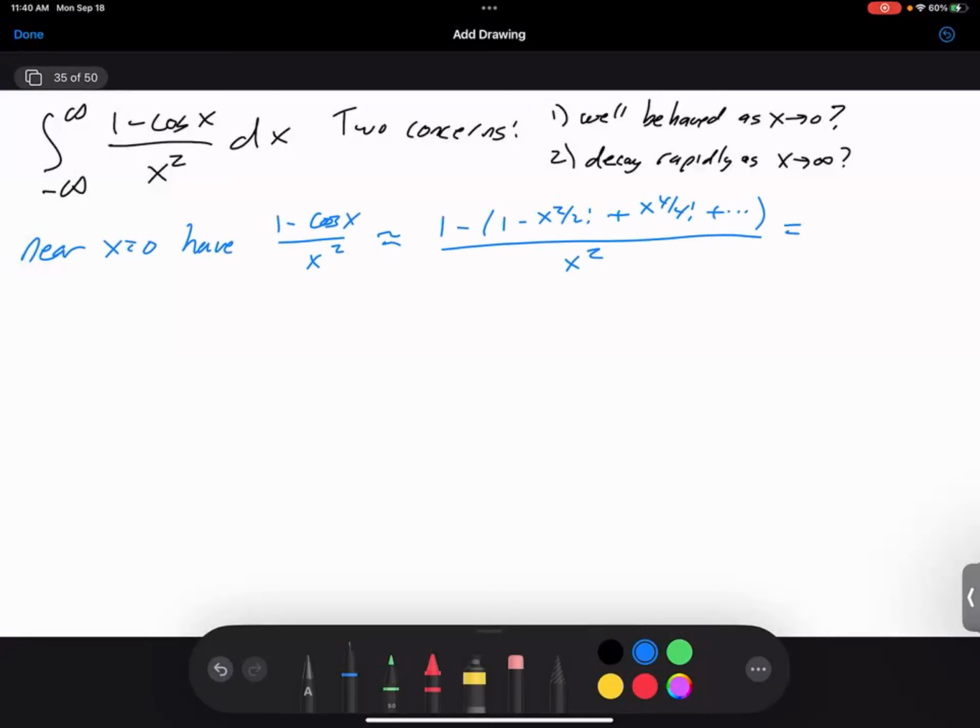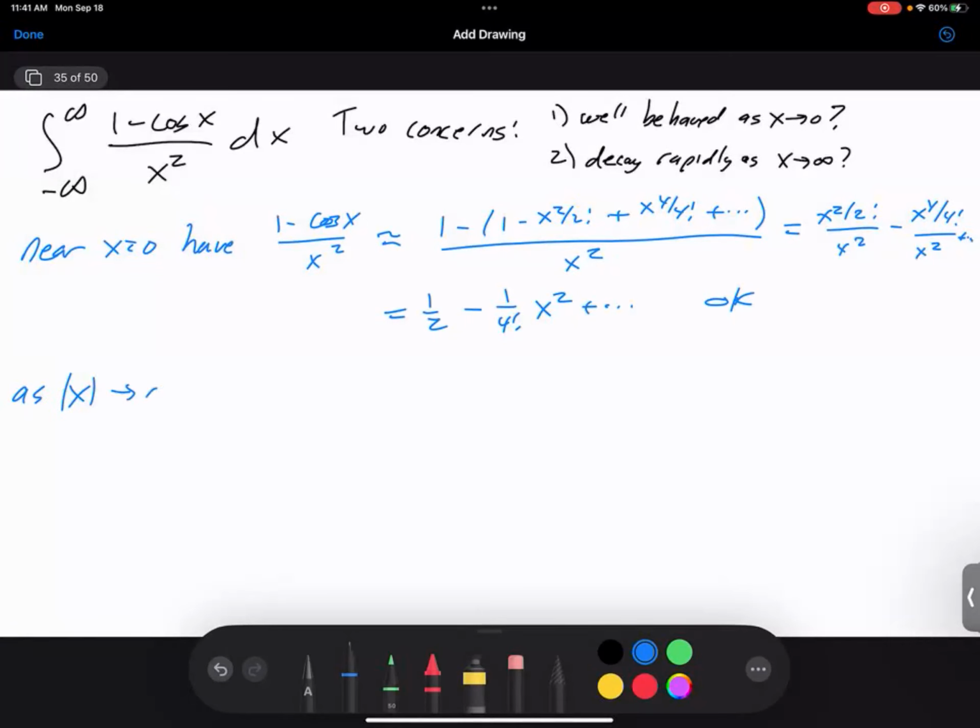The ones cancel, and you get x squared over 2 factorial over x squared, plus minus x to the 4th over 4 factorial over x squared plus ... So this is basically 1/2 minus 1 over 4 factorial x squared plus ... So it is well behaved near the origin.